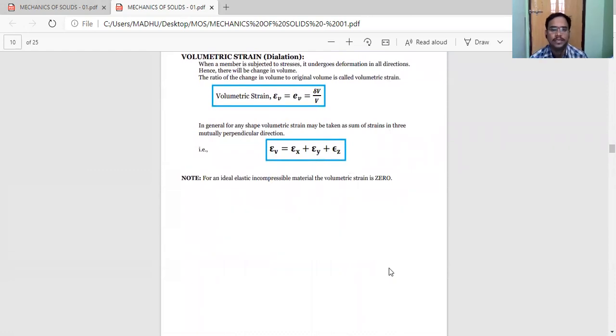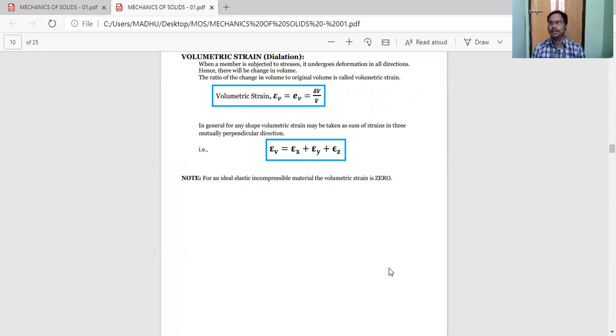Next, the volumetric strain, we call it dilation. The volumetric strain is epsilon V. When a member is subjected to stresses, it undergoes deformation in all directions.